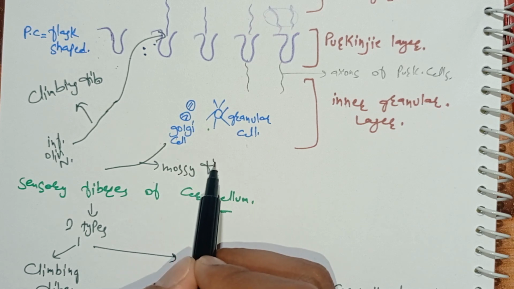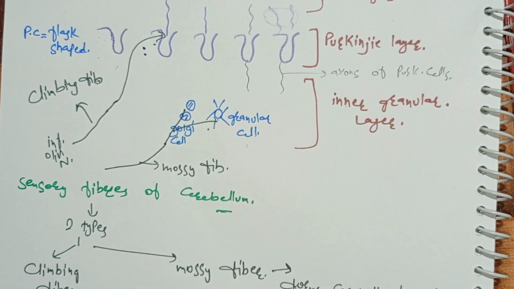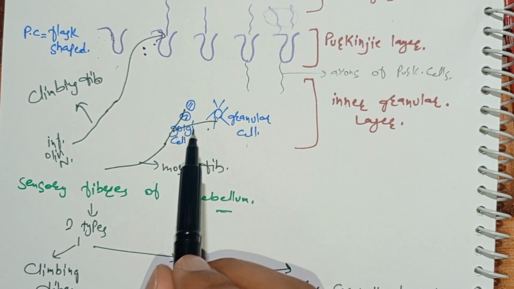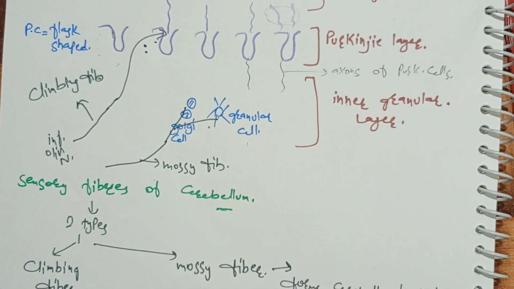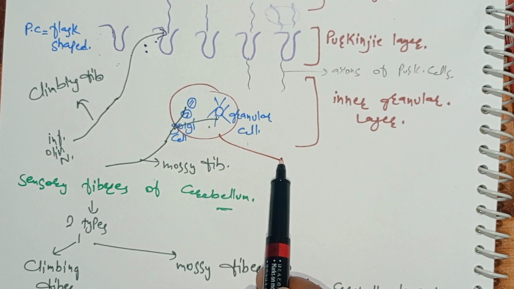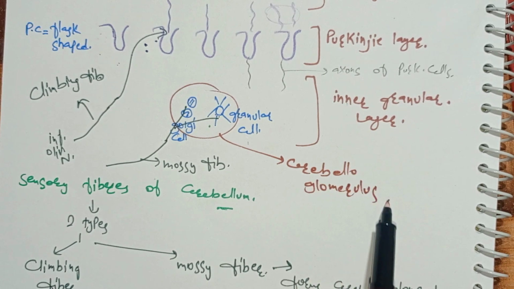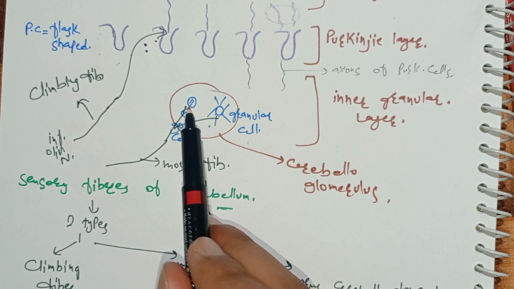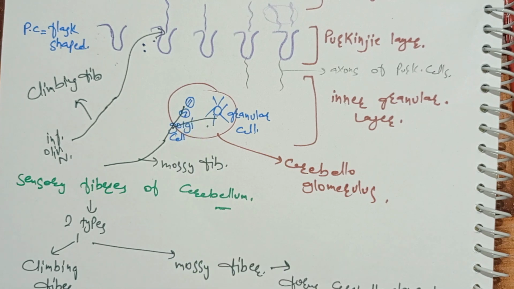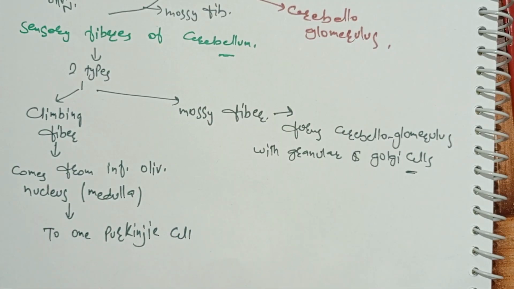This mossy fiber gives its connections to the Golgi cells as well as to the granular cells. As a result, they form a structure called the cerebellar glomerulus. So the mossy fiber forms the cerebellar glomerulus that we saw right now.